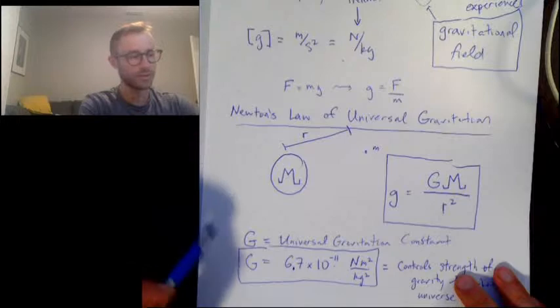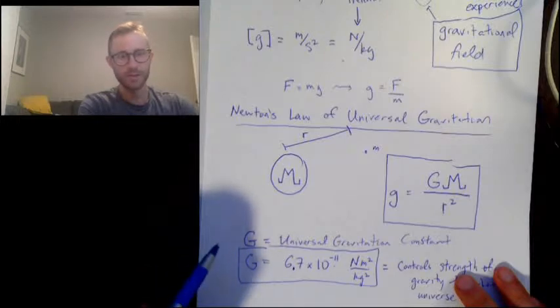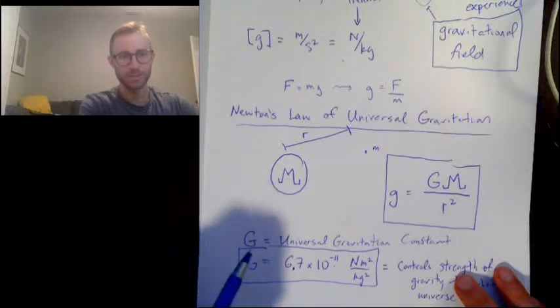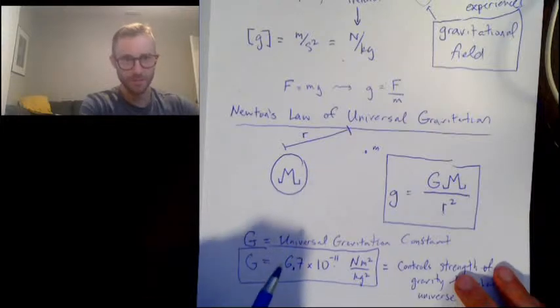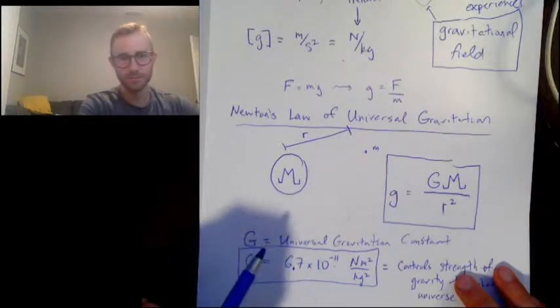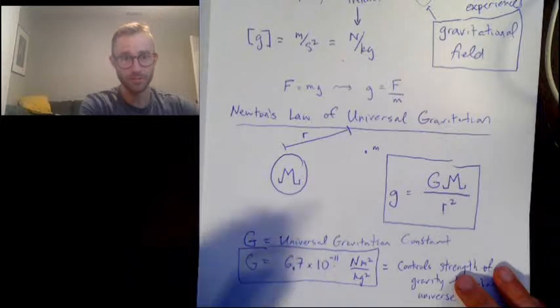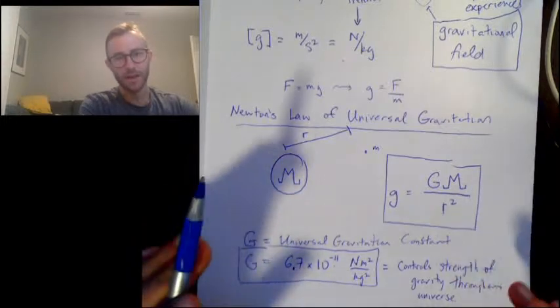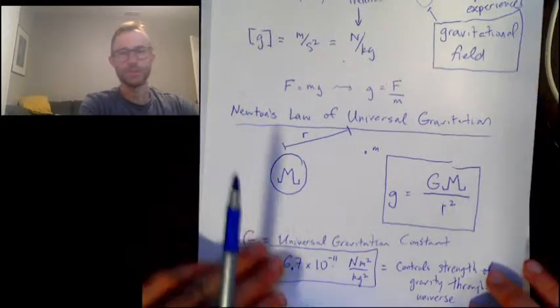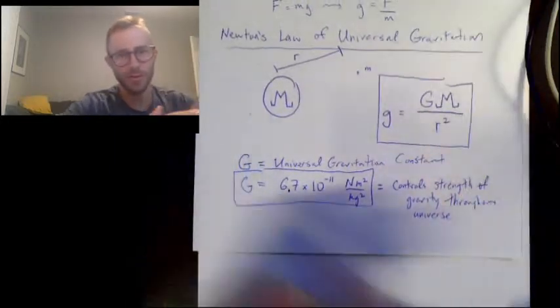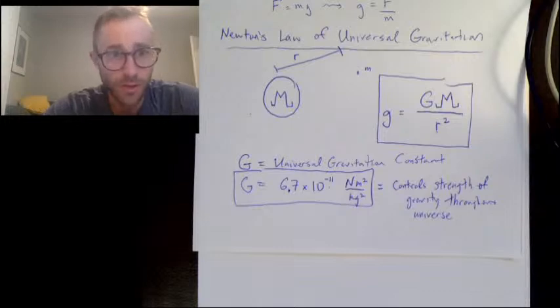So this is 0.0000000000067. It's a very small number. And this is why you need something like a planet to notice its gravity.